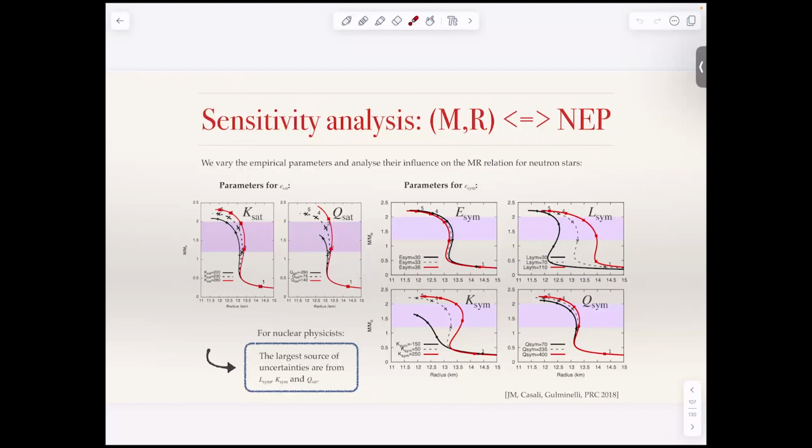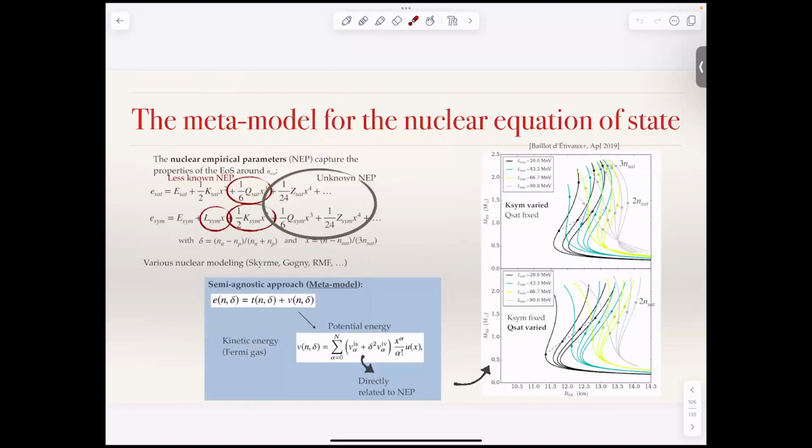Since the densities in neutron stars are limited, this limitation introduces a natural cutoff in your Taylor expansion or in your function expansion, because as was shown before, the higher you go in the parameters, the more massive neutron star you need in order to make a difference.